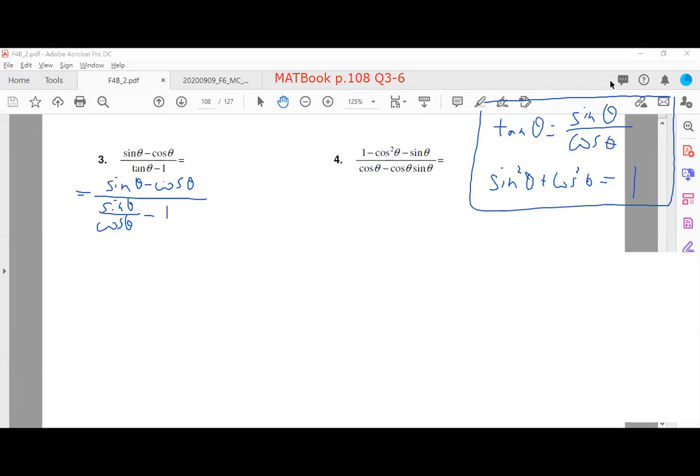And then again, we see that there is a fraction in the fraction. We need to merge the fraction together first.